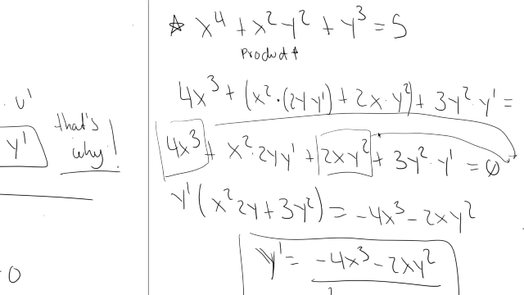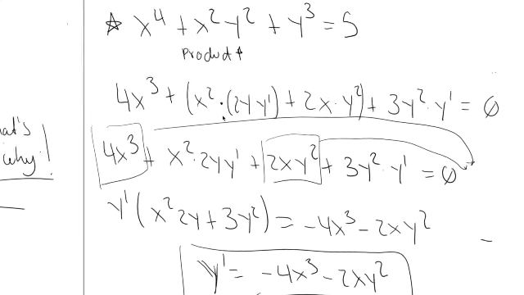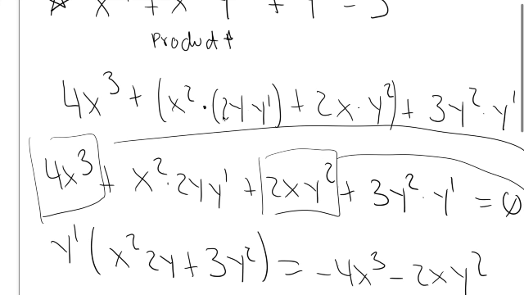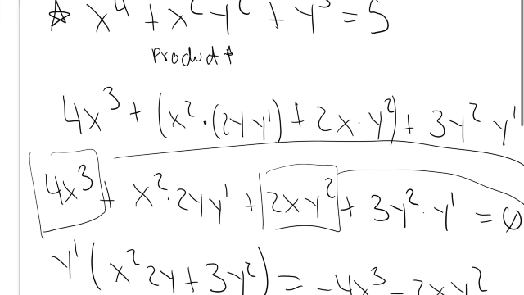So in this case, we have x squared times 2y y prime plus the derivative of the first one. The first one was x squared, so its derivative is going to be 2x, multiplied by the second one, which in this case is y squared.